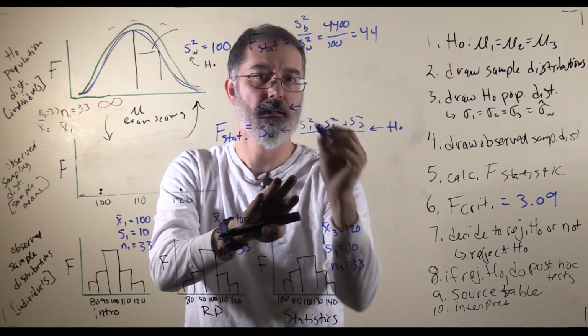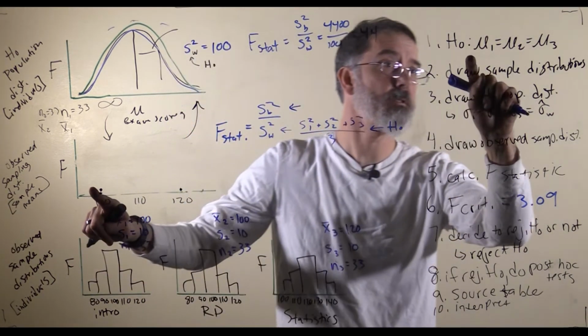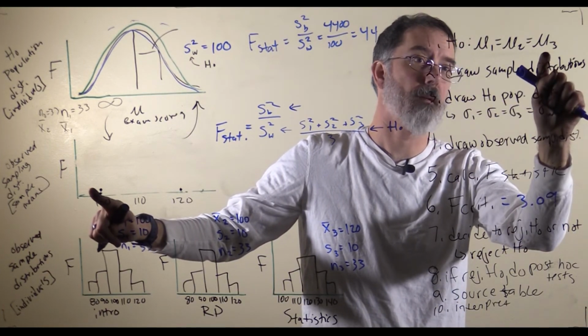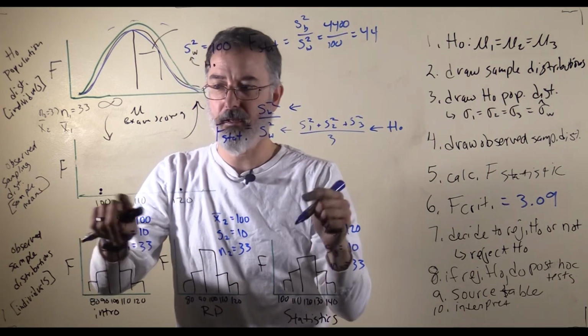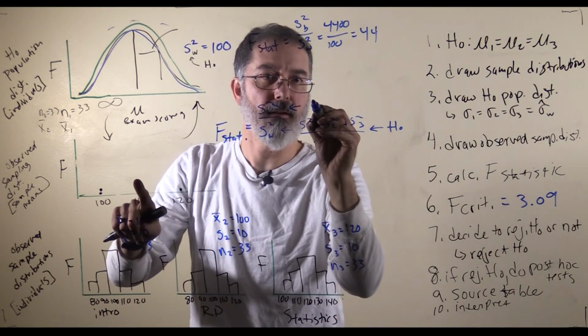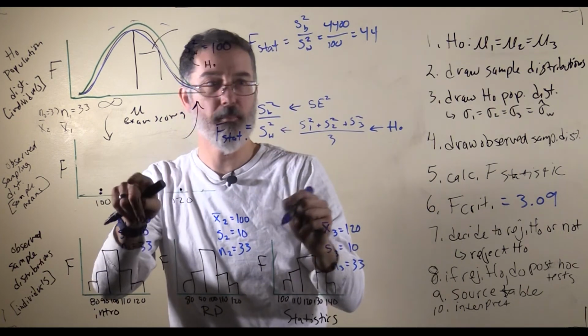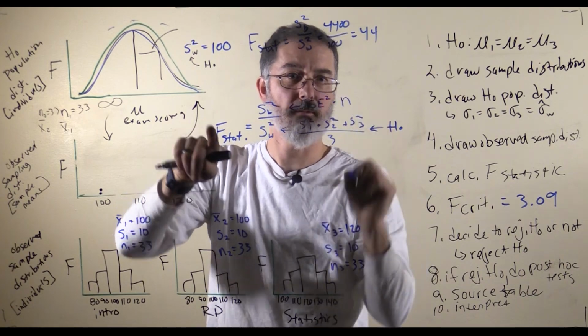And this is how much variance is actually observed between our three groups. Remember, that's what we're interested in, whether our groups differ more than we would expect if the null hypothesis is true. To calculate this, we calculated the variance of our three sample means, and we multiplied it by the sample size.